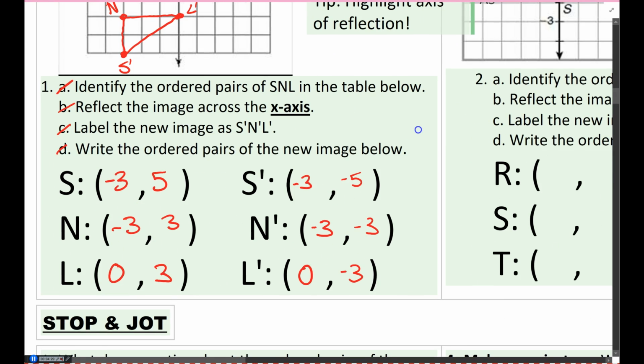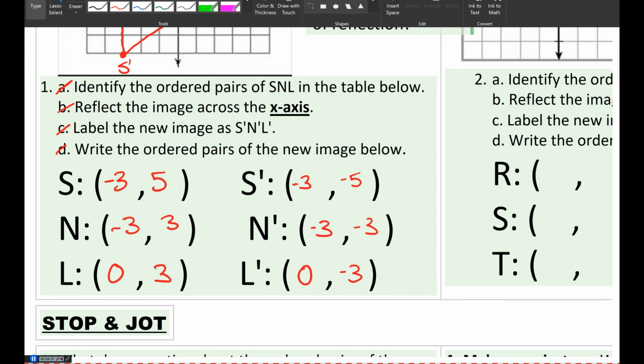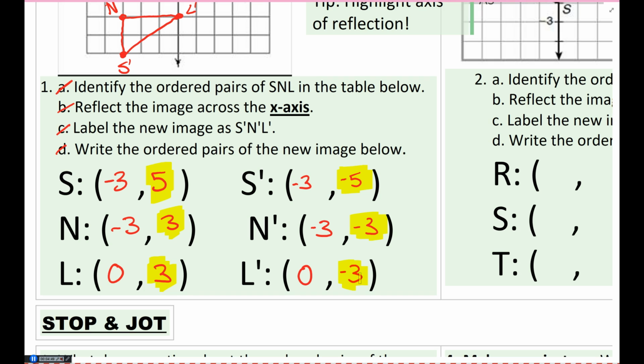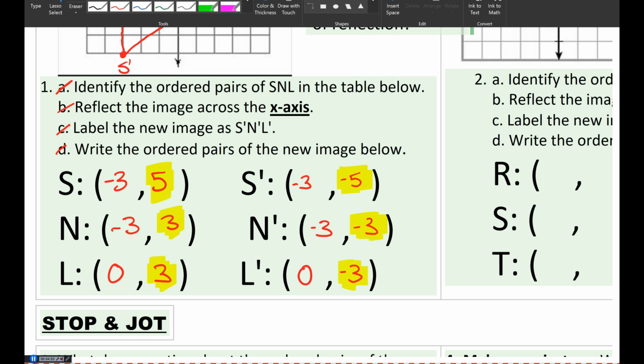Now, here's the key point that I want you to notice. When I reflected across the x-axis, my y value remained almost the same, except the sign of the y value changed. The x values remained the exact same. So across the x-axis, the y changes.